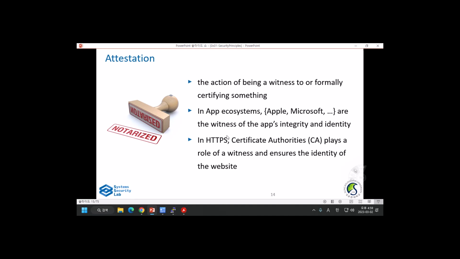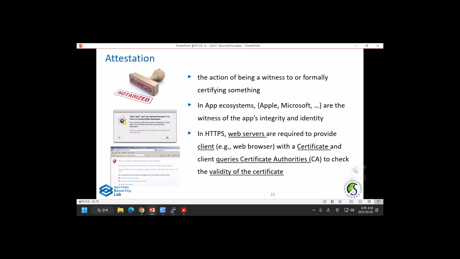And in case of HTTPS, certificate authorities or the CAs play the role of a witness and ensures the identity of the website. So you've probably seen something like this. I think Windows also have this. So if you download an executable file, .exe file from the internet, you try to execute it, there's always some kind of warning, right?